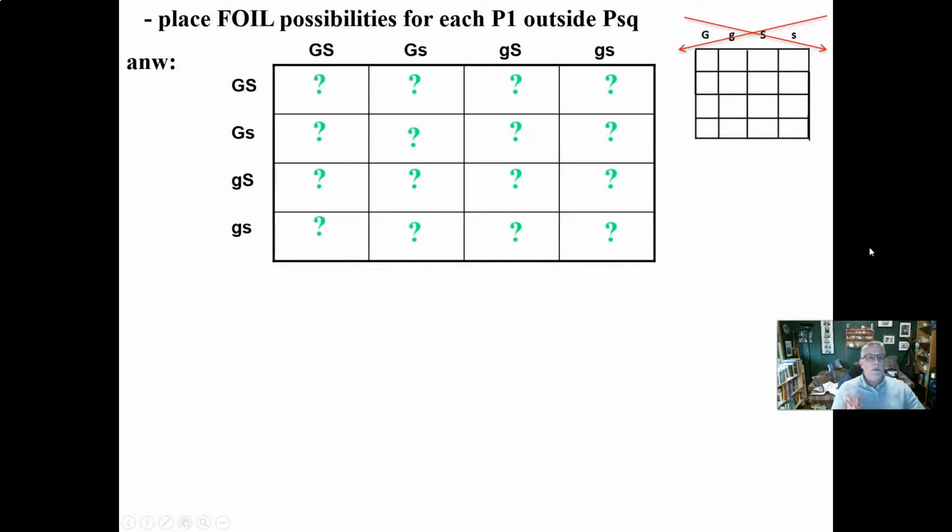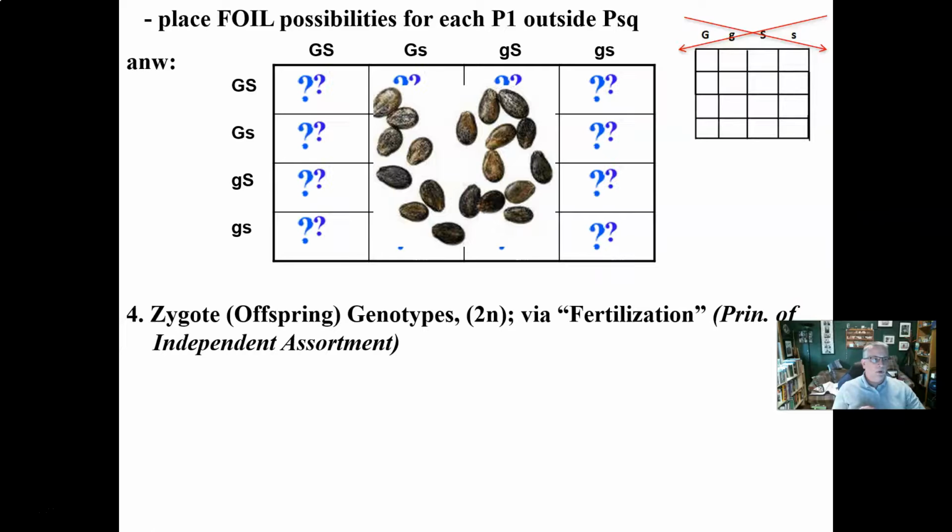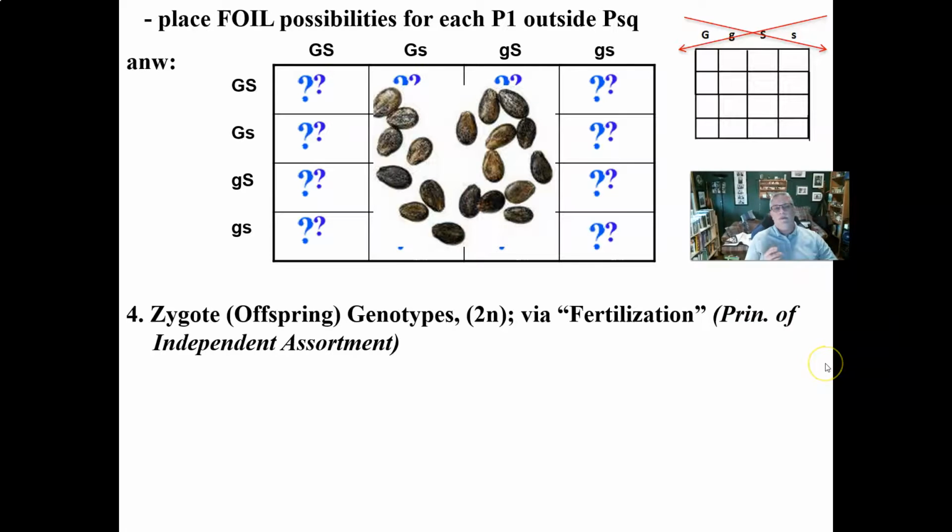So what would then be the offspring? What would be the seeds of our watermelons, right? What would be all the possible combinations that can happen with this particular parent group? Well, now we move into our last step. Now we figure out the zygotes. We figure out the offspring.